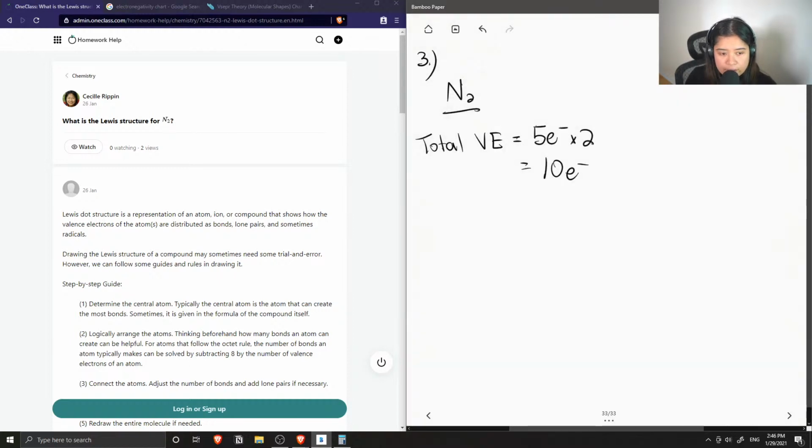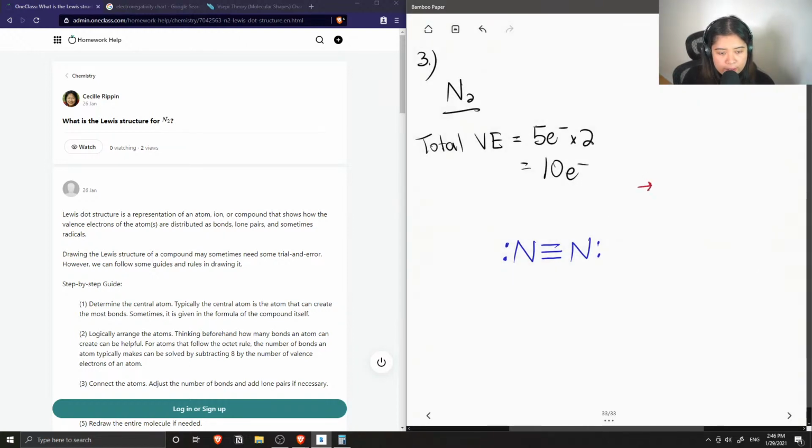So since we only have the 2 atoms, we can draw first showing the single bond, and we know we need to have 10 electrons in total in our final structure. So if we formed a triple bond between the two and calculated how many electrons we have so far, each bond contains 2 bonded atoms, and we have 3 bonds, so we only have 6 out of the 10 electrons. So for the remaining 4 electrons, we can equally distribute them between the 2 nitrogen atoms to get the final Lewis structure.